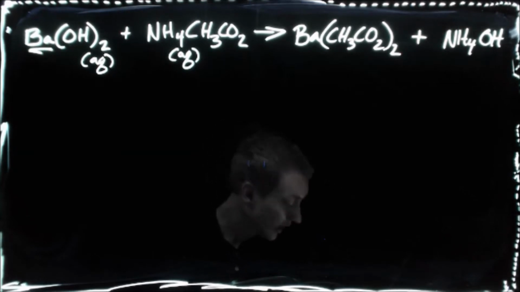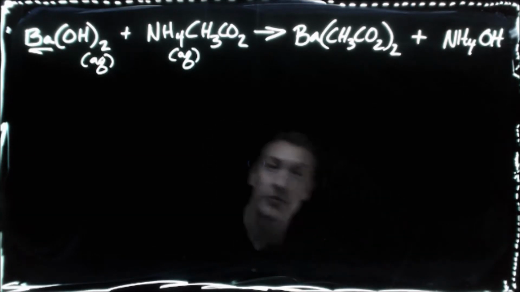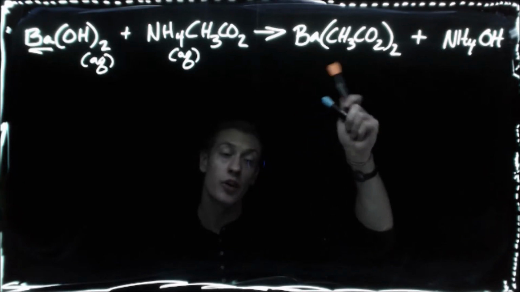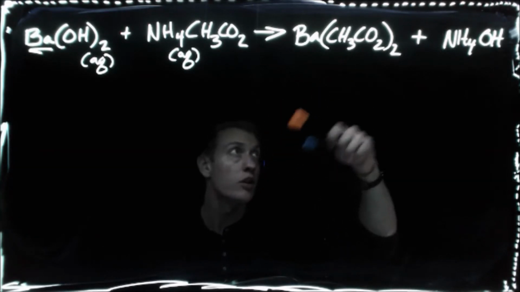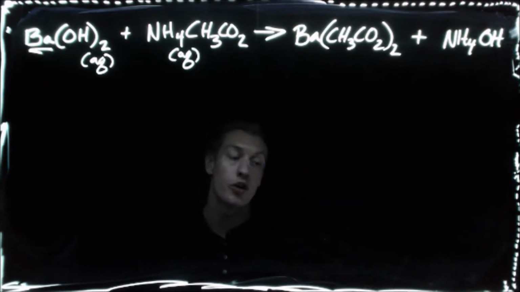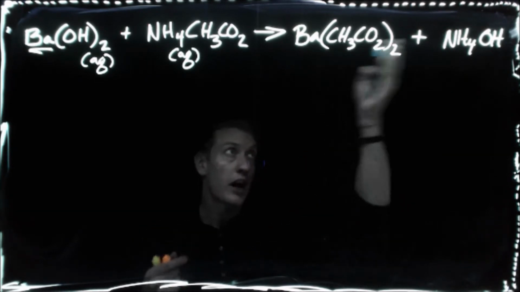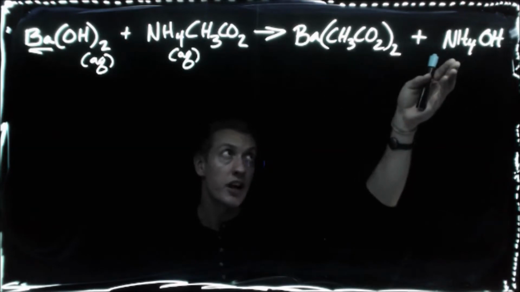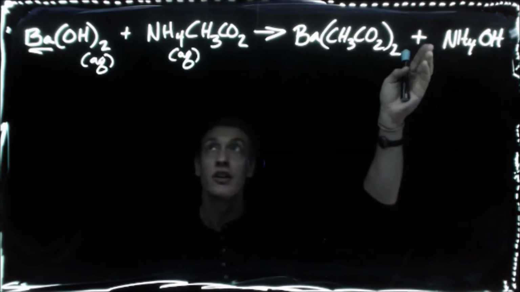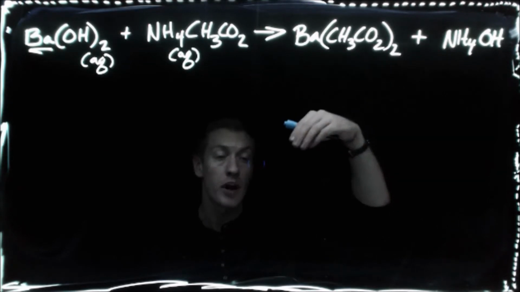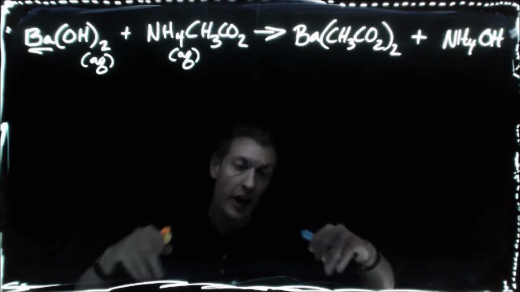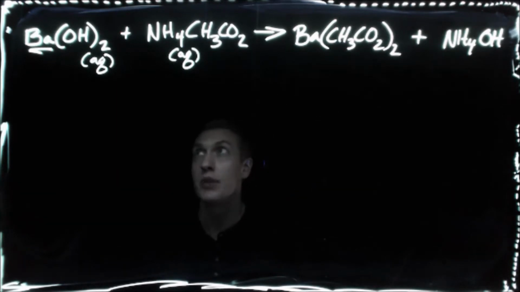Now the question we have to answer is, are barium and acetate more attracted to one another than they are to water? And is ammonium hydroxide more attracted to itself than to water? If either of these are insoluble, which means that they are more attracted to their partner ion than they are to the water molecules, then it'll form a solid and it'll precipitate out of the mixture.